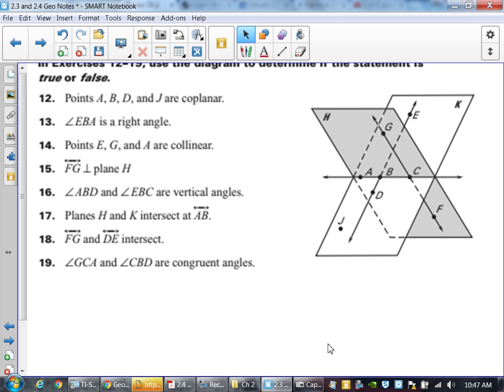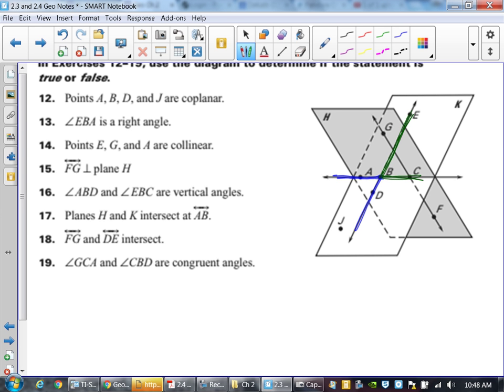No. Okay. Are angles ABD and EBC vertical angles? Yes, they're vertical angles.